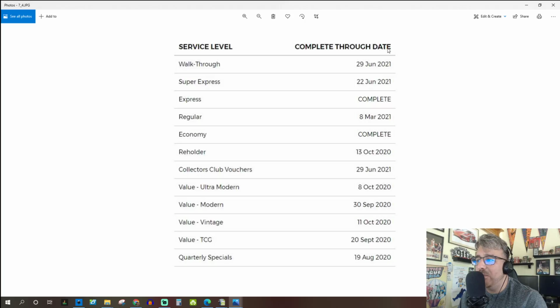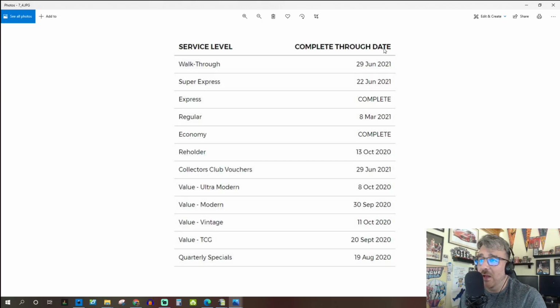Because the complete through date is supposed to be the oldest order that they have on the books that is still open. So every order up until that point, they have completed. Right? That's what the complete through date is supposed to be. But for Express, it says complete, and for economy, it says complete. So I don't know how that works.